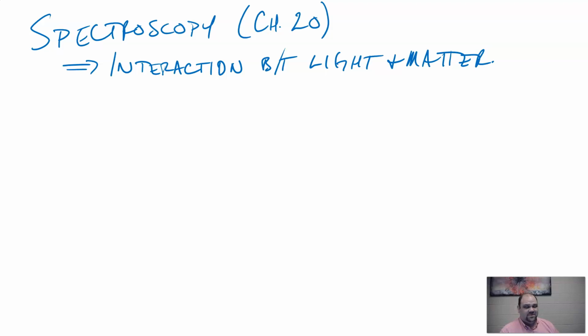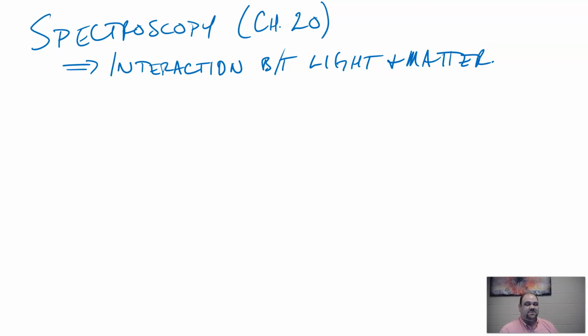You may have used, or at least heard of, NMR, nuclear magnetic resonance spectroscopy. NMR spectroscopy is the same as an MRI that you may have had at the hospital. And it's radio waves interacting with the nuclei in a particular sample.